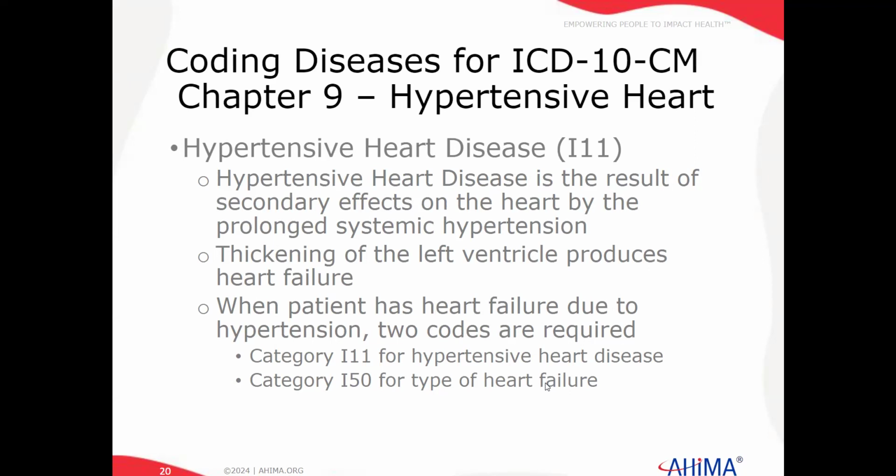We need the I11 for the hypertensive heart disease, and then we need a code for what type of heart failure it is. There are specific sites, and all heart failure is coded to the I50 category. And then what follows after the I50, after the period, if you will, names the specific type, with I50.9 being unspecified.